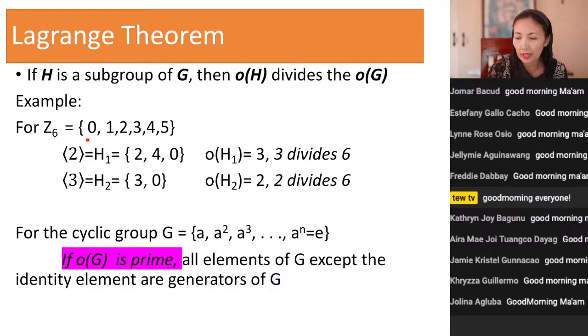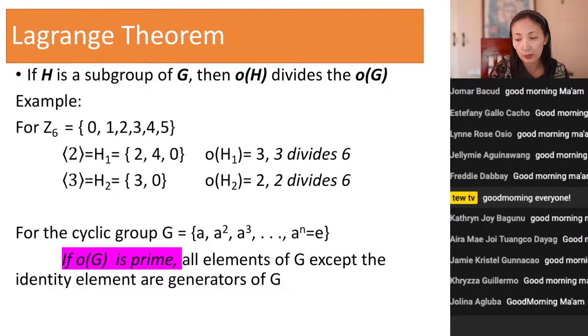And the subgroups that could be generated from here are 2, 4, 0, that which is generated by 2, and whose order is 1, 2, 3, the order is 3. And 3 divides 6. The order of the group is 6. 1, 2, 3, 4, 5, 6. So when we speak of order, please do not forget that we mean the number of elements.